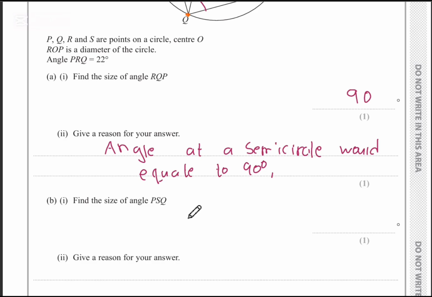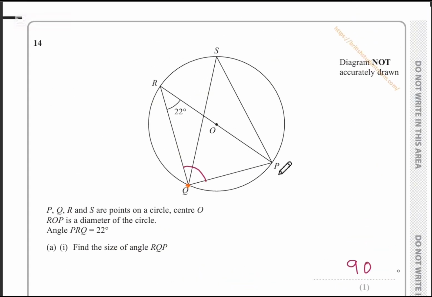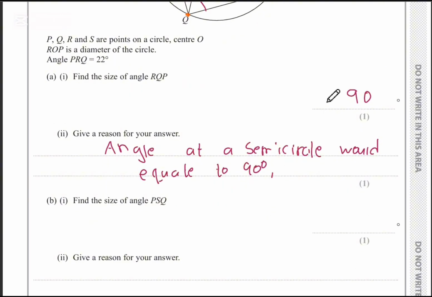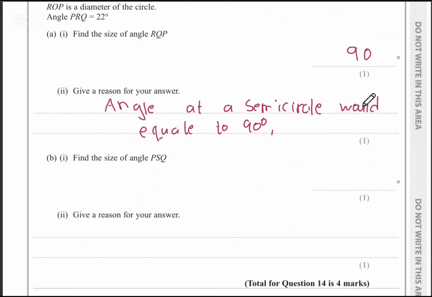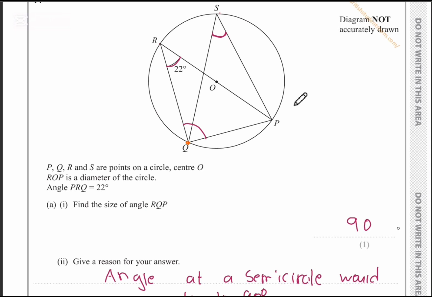Find the size of angle PSQ. Where do we have PSQ? That is referring to this. In this case, both this angle 22 and this 22 part are touching the circumference, and these would be equal. So since this angle is 22, this angle would also be 22.